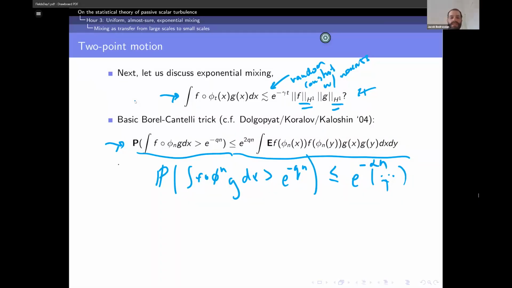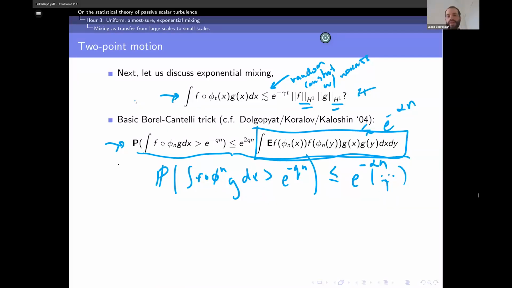And so now the point is that this allows us to switch from some kind of almost sure statement to, again, a statement in expectation, where it should be easier to use our probability tools. In particular, what we want to do is prove that this thing is decaying exponentially fast. That's our goal, right? And so by choosing Q small enough, it suffices to just prove that this thing decays exponentially.